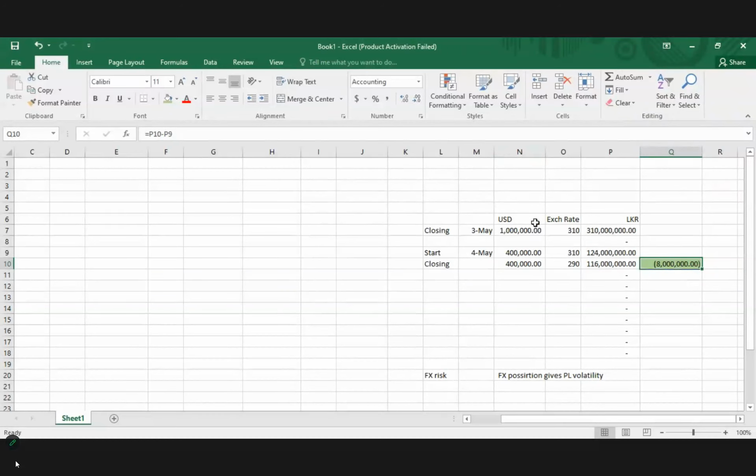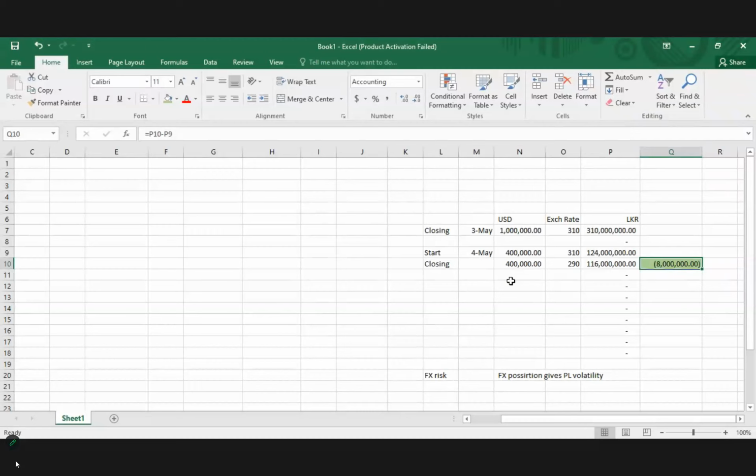So I could have opened with whatever million, but I have established the 8 million loss limit. Depending on where the currency settles, I have to keep changing my open position. I have to reduce my open position if I'm making a bigger loss. So the more I lose because the movement is adverse, then I have to go down, selling my dollar position to be within this limit. Right?